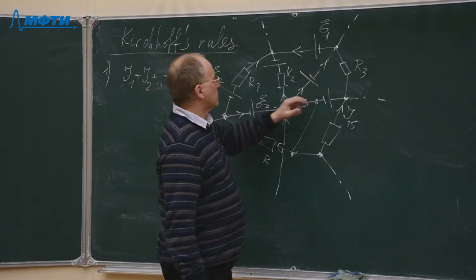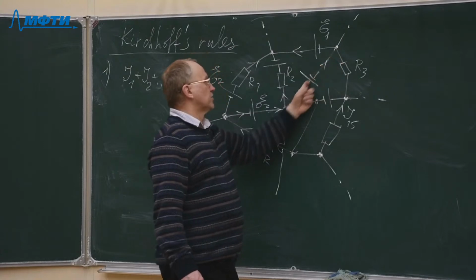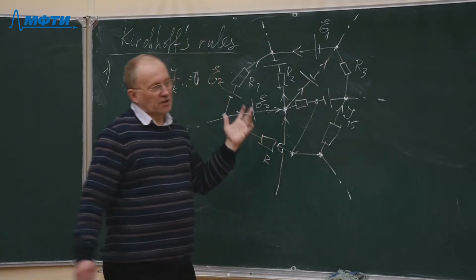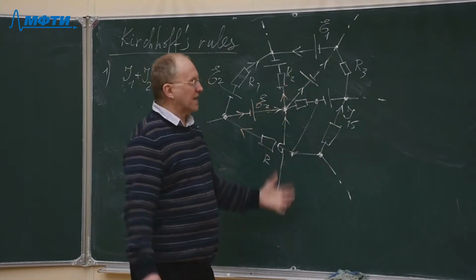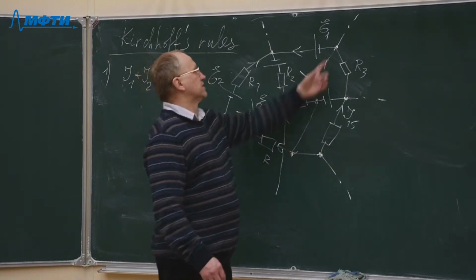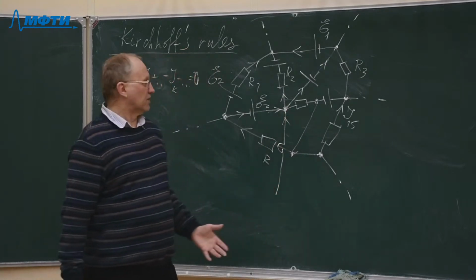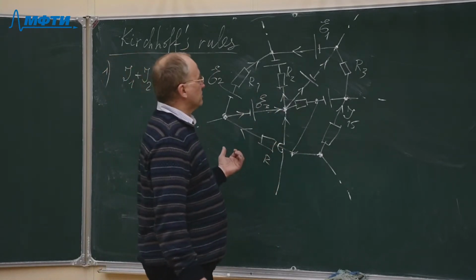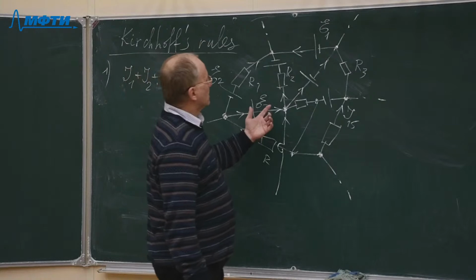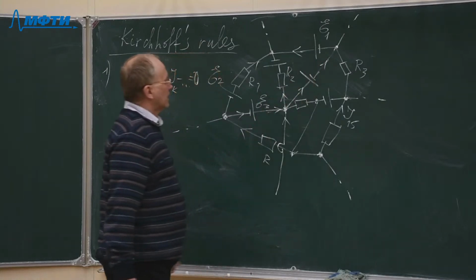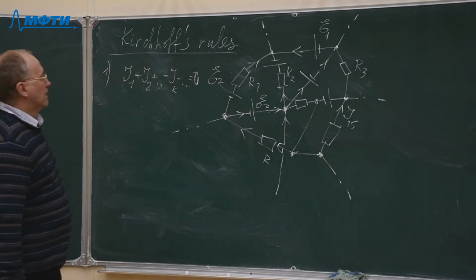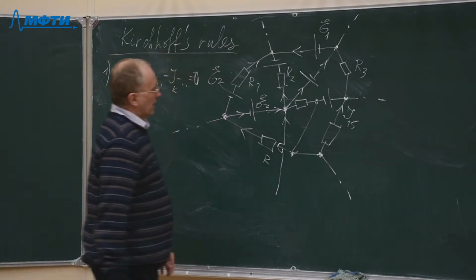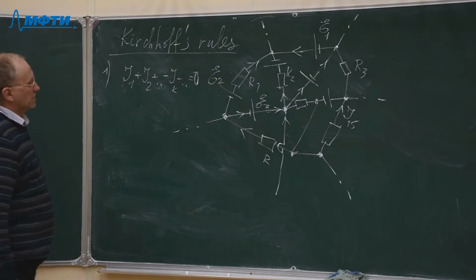The main thing is to find the magnitude of the current and its direction. Whether positive or negative just indicates whether we guessed the direction correctly, or chose a direction opposite to the real current.